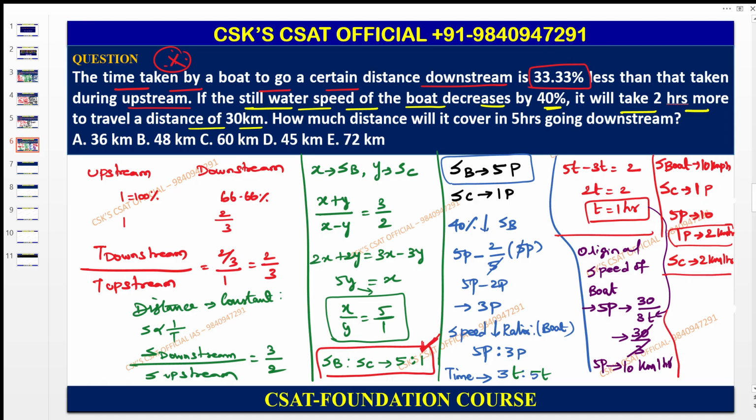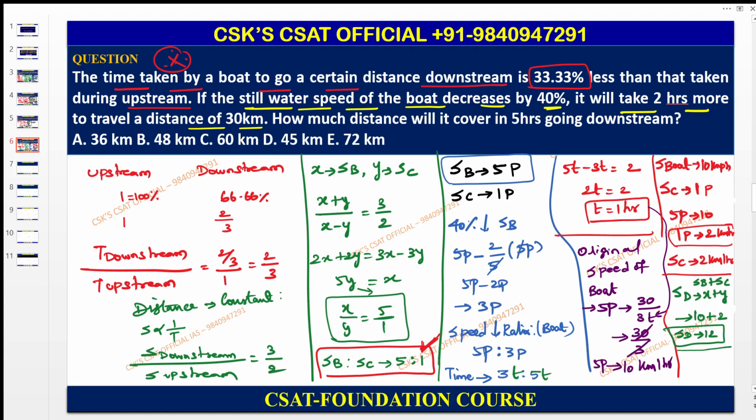Can we find out the downstream speed here? The speed of the downstream is equal to x plus y, the speed of the boat plus the speed of the current. The speed of the boat is 10, the speed of the current is 2. What is the downstream speed? 12. Downstream speed you have found.